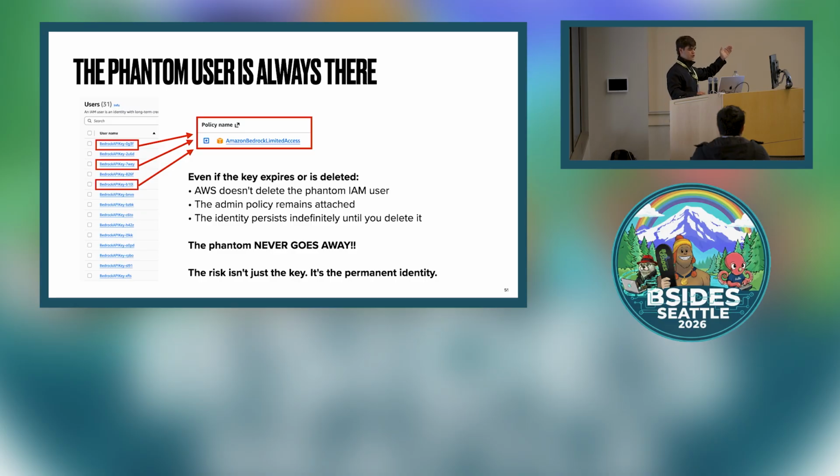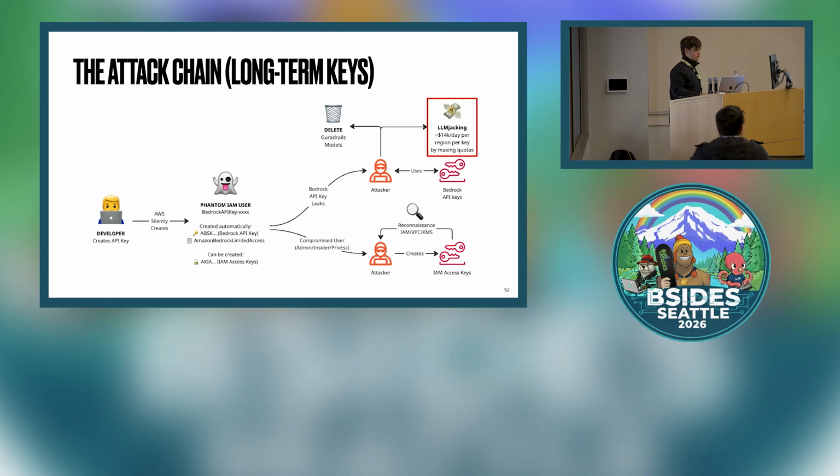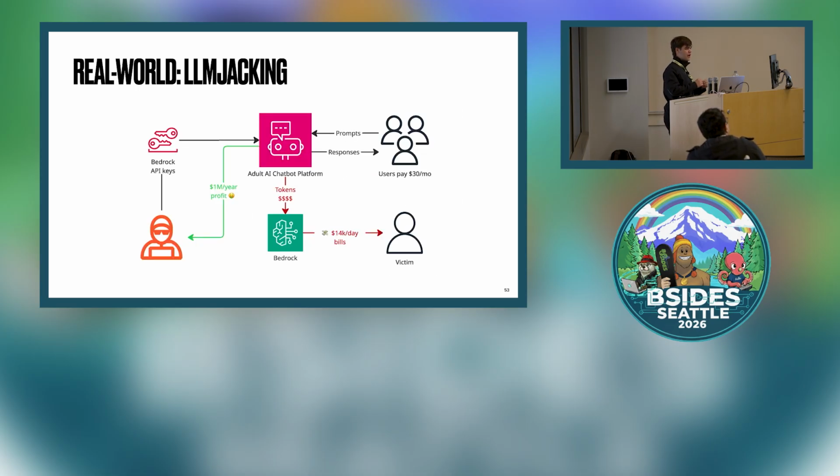So the biggest real-world impact is the LLM jacking attack, because this is happening a lot nowadays. This is basically when an attacker uses the victim's Bedrock account to direct all the prompts and responses, making the victim pay for the bill of Amazon Bedrock.